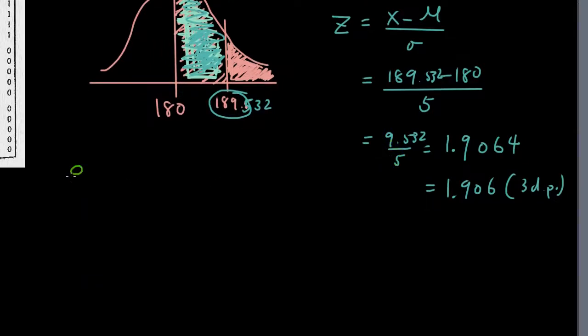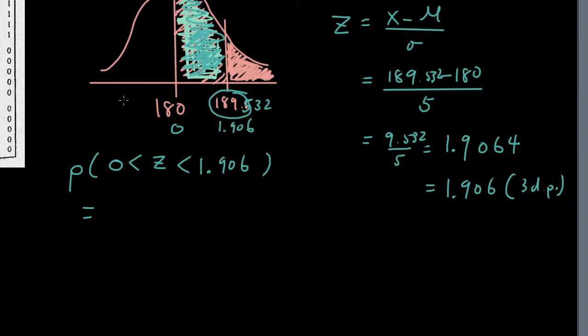The probability of X being between 180 and 189.532 is, actually I should probably use Z for now. The probability of Z is between 0 and 1.906, because the Z score of 180 is currently 0, and the Z score of 189.532 is 1.906.